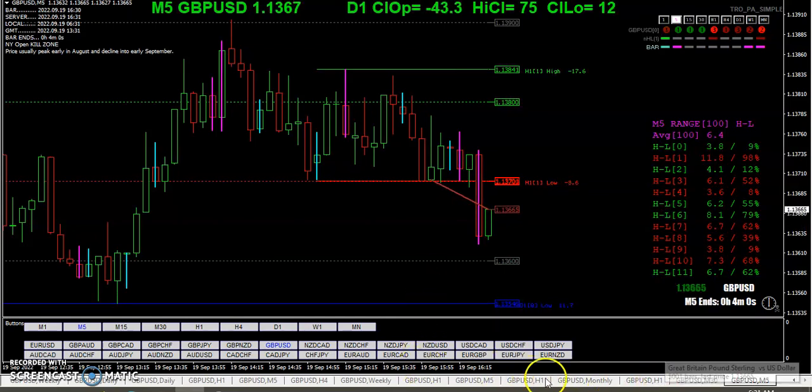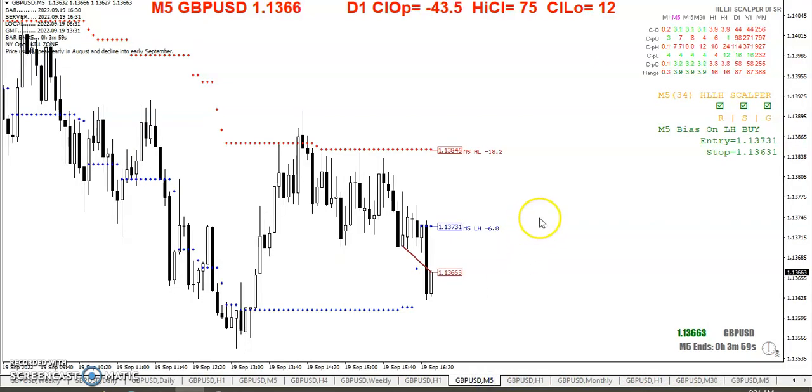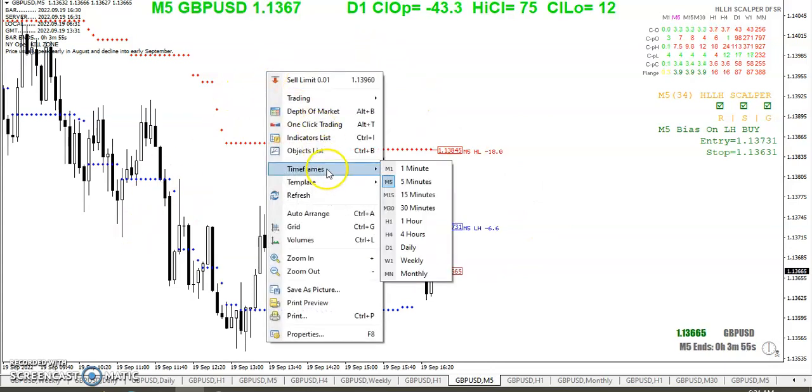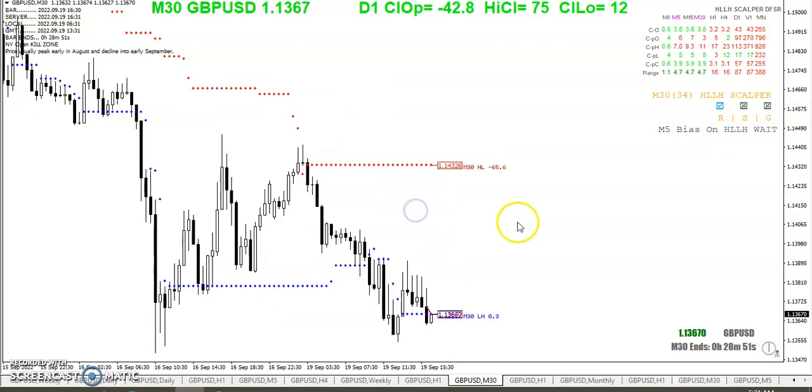And as I mentioned, let's see, we're right here. You can use this on the higher time frame, so even the mid-range time frame. So here we are at M30, where price is triggering right now.